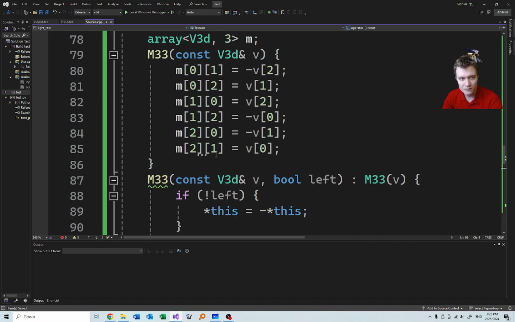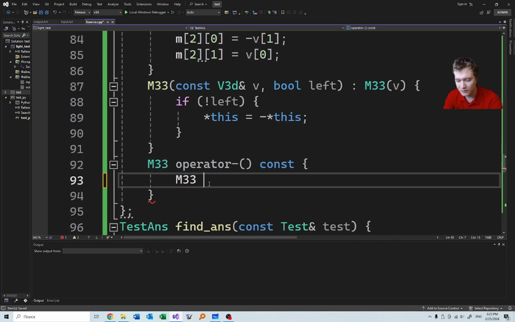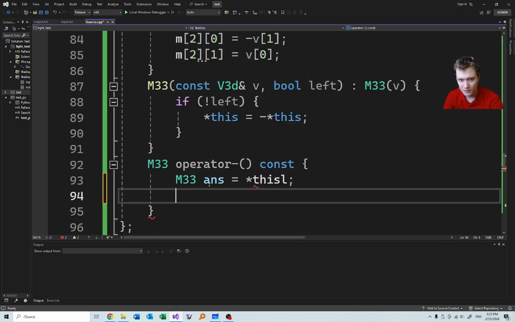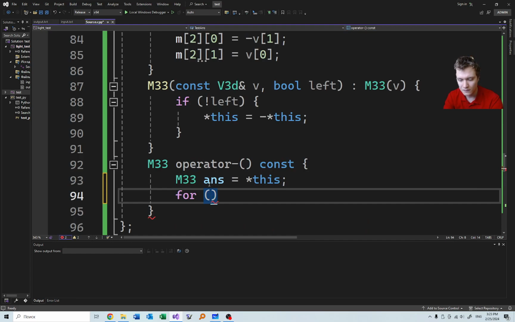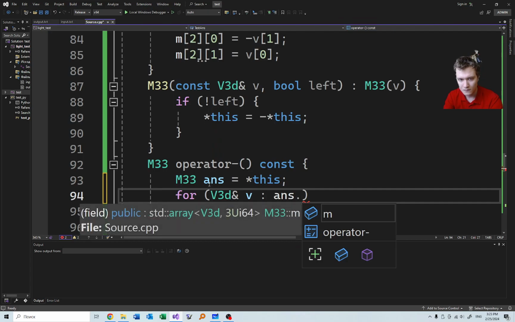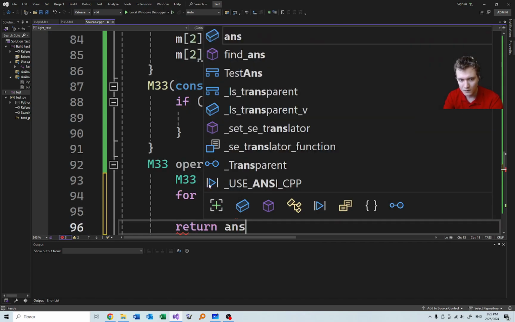To do that, let's make a new matrix which equals the old one and negate all its elements.